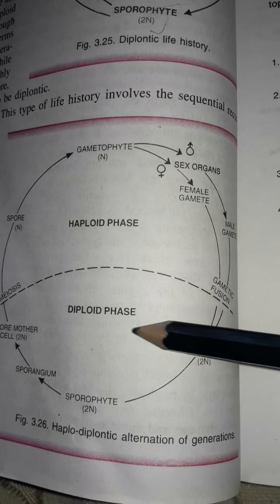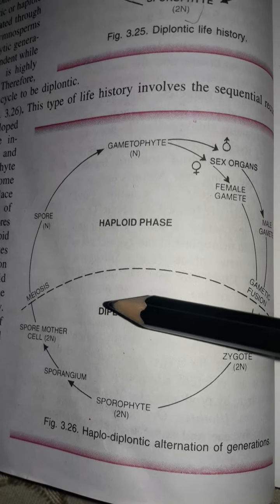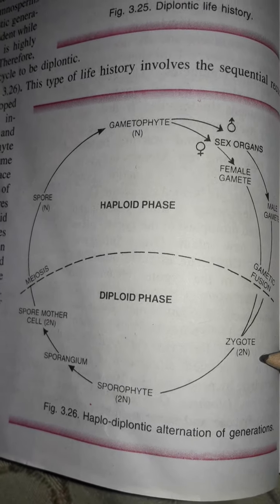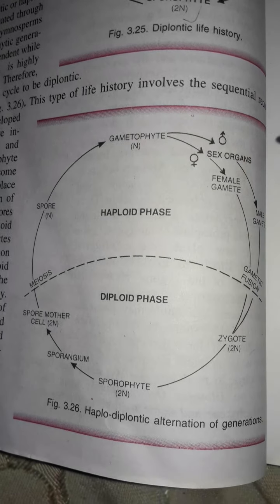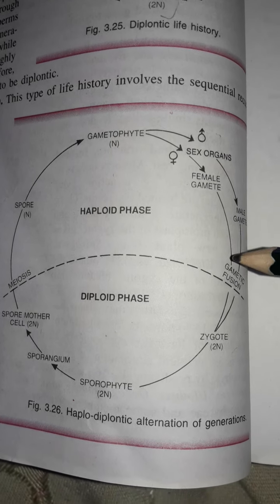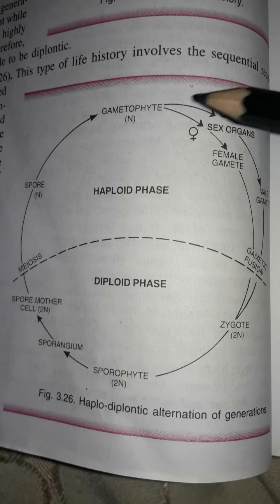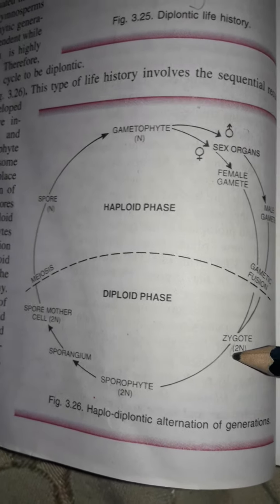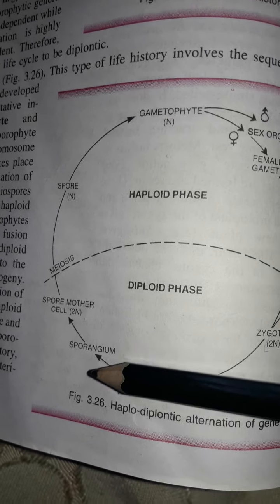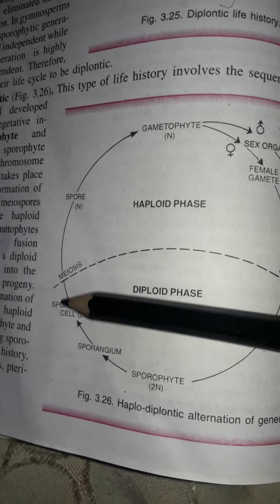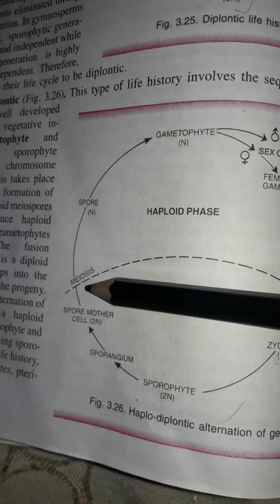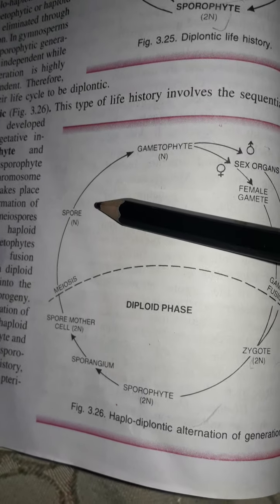Now see this one, this is the haplodiplontic life cycle. Here half of the plant body is diploid, half is haploid. That means the gametophyte, gametes, male and female gametes, sex organs, until gametic fusion, this is haploid. Zygote is diploid, sporophyte is diploid, sporangium, spore mother cell, all these are diploid structures. Here meiosis will occur, then again the haploid phase is formed.